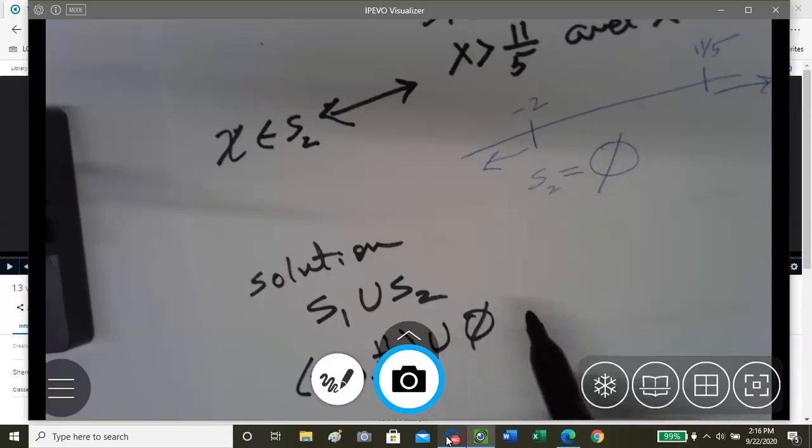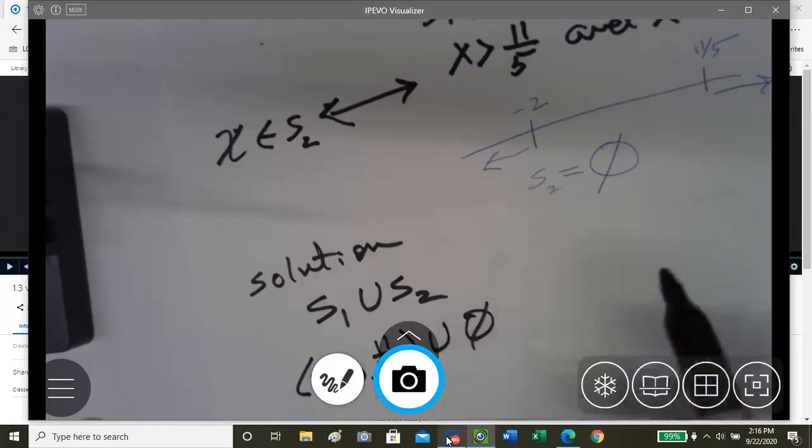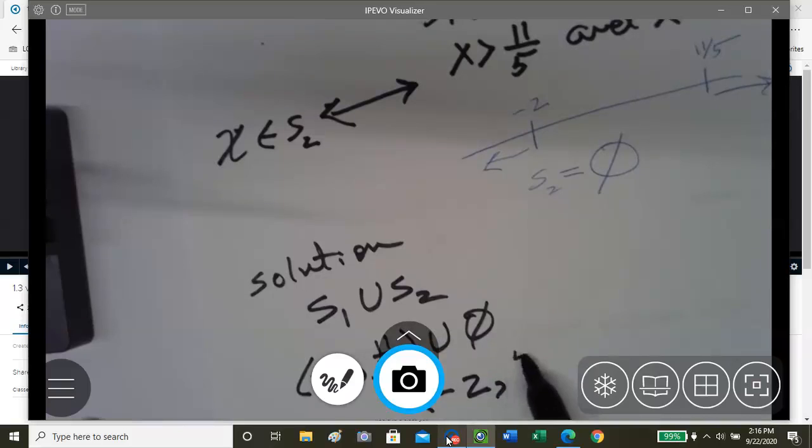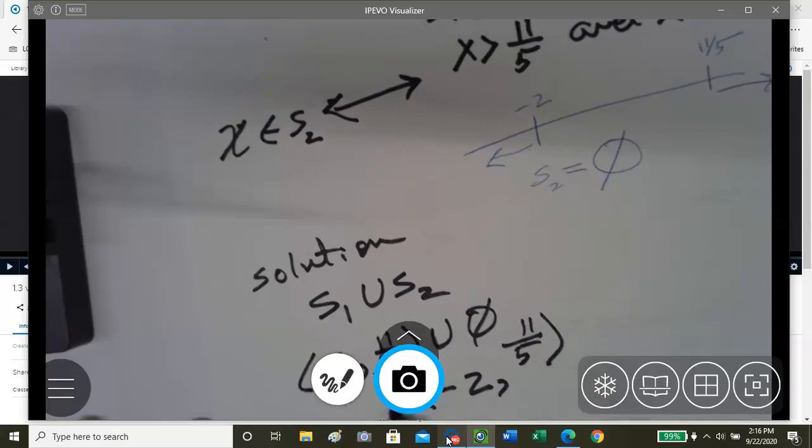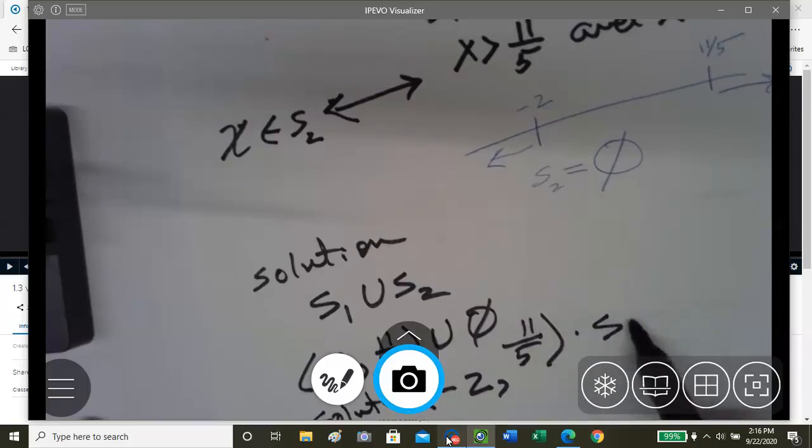Well, we just drop the empty set and just write it as negative 2 to 11/5. That is our solution, which is just S1. And that's example 2.